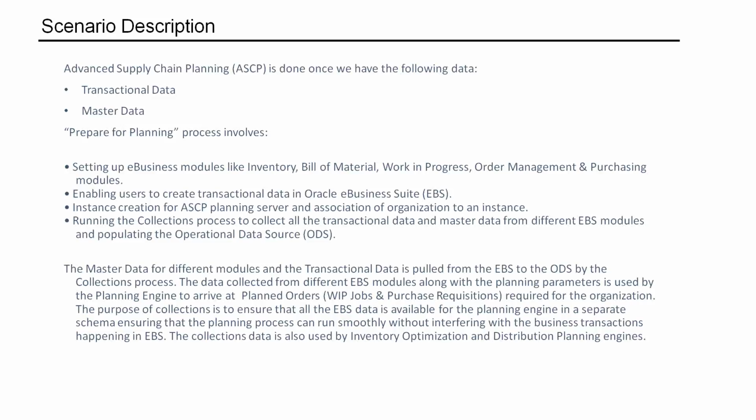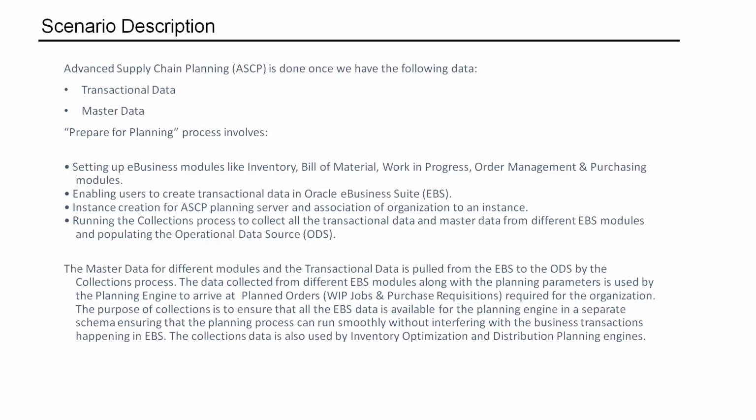The data collected from different EBS modules are then massaged to come up with a meaningful data set. By meaningful data set, what I mean is, the business will have its own supply and demand. ASCP sees the supply, demand, the stock, every aspect of the data, massages the data and comes up with meaningful data like how much quantity to buy at what point of time.